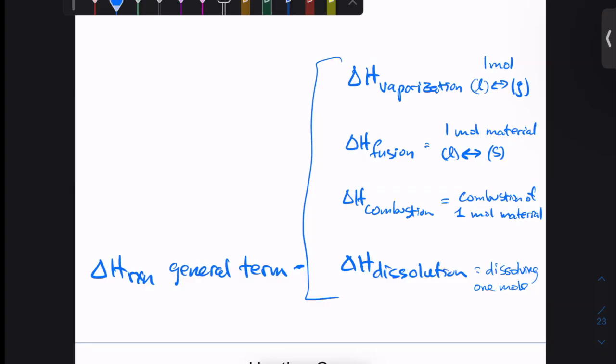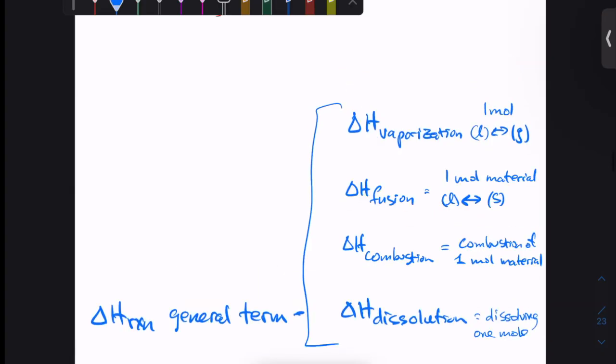Oh, there's one more I'll tell you about, since I'm defining these, because we're going to be using these in the next couple of lectures. Delta H of formation is one more. That's going to be a reaction. It's a combination reaction.